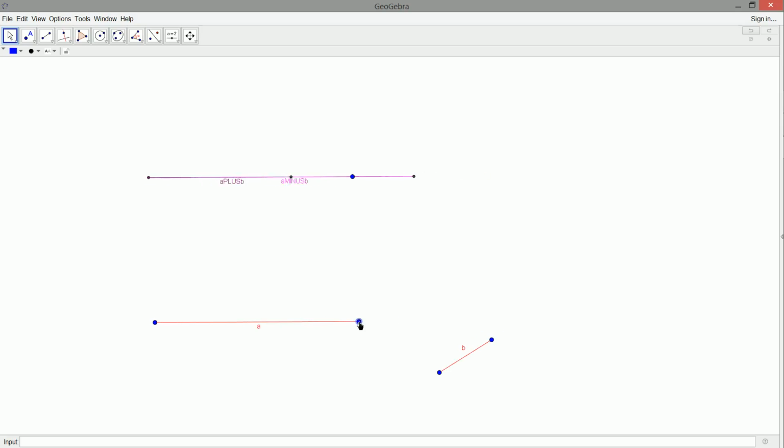Oh, I see what's happening. Actually, do I see what's happening? So it's going from this dot between these two points, which it was told to do.